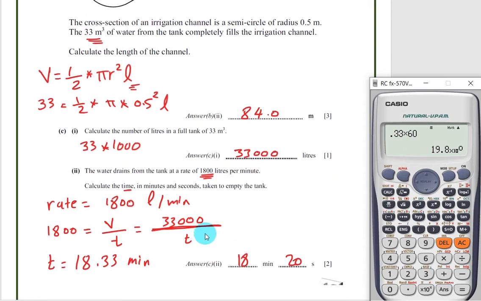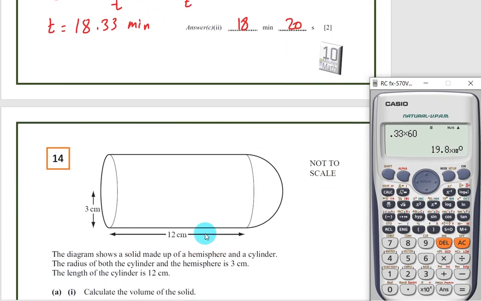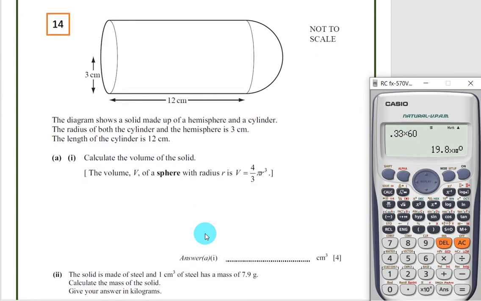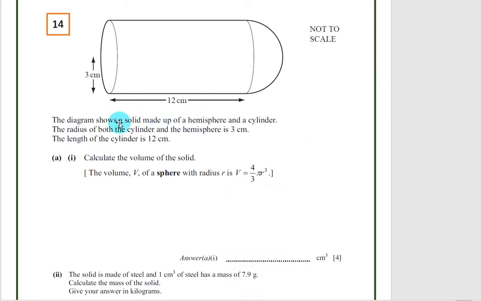Okay. Let us see another question. The diagram shows a solid made up of a hemisphere and a cylinder. The radius of both the cylinder and the hemisphere is 3 cm.